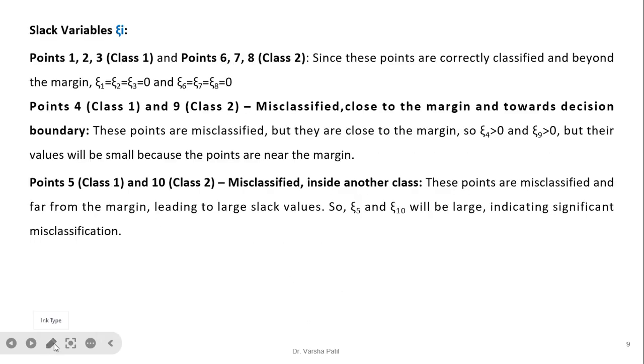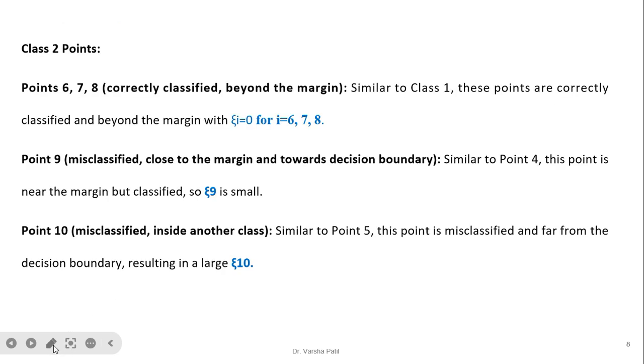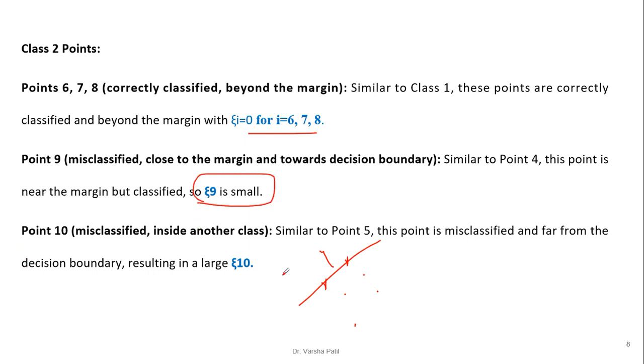For example, this is the class boundary, and points 6 and 7 are behind it, so their value is 0. Point 9 comes in front of the support vector for this class, so some penalty is associated, but chi 9 is still small. Point 10 is present inside the other class, so its chi value is 5 and the penalty is high.